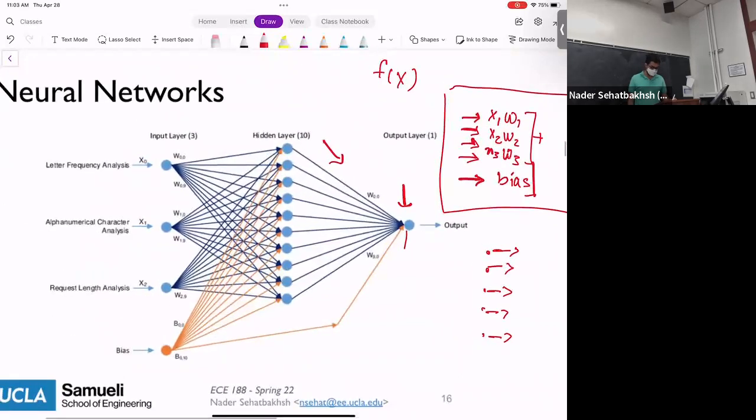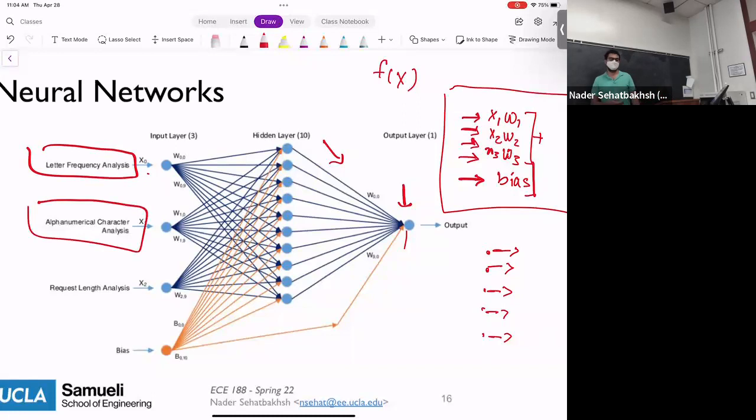So these are the inputs, x0, x1, x2. This particular example has only 3 inputs. And these values are basically the inputs. So in this specific scenario, we want to do some language processing kind of activity.